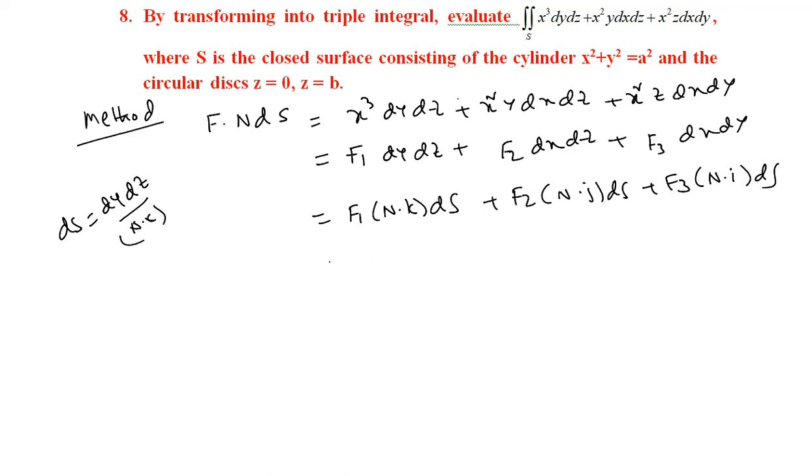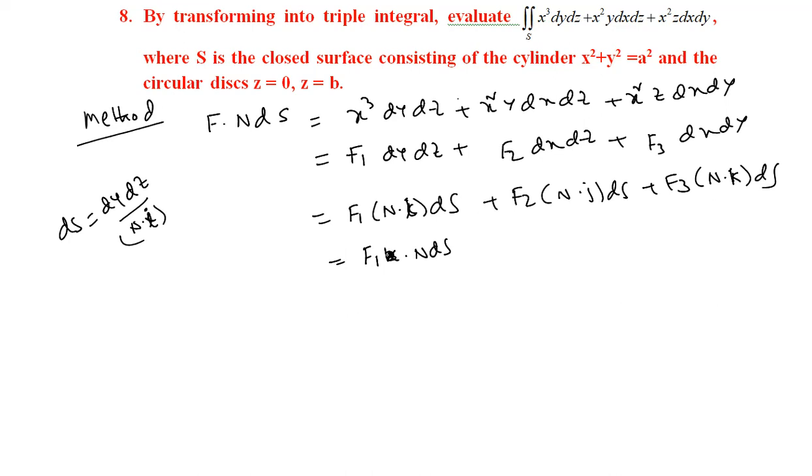Rewriting the terms, just interchange these two: f1 i dot n ds, sorry, this is i, I will change it, this is i, this is k, dy dz by modulus of n dot i.